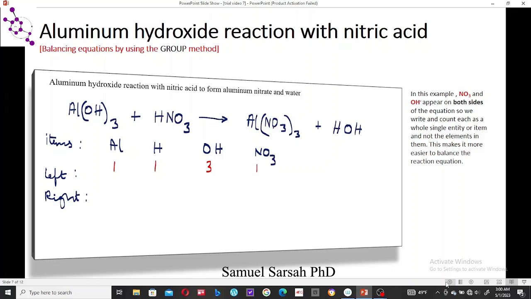Okay, at the right side, we have only 1 for aluminum, and then the NO3s, we have 3 in brackets, so we have 3 of them. And then hydrogen, referring to this hydrogen and not this one, because this is with OH, so only this hydrogen, we have 1.